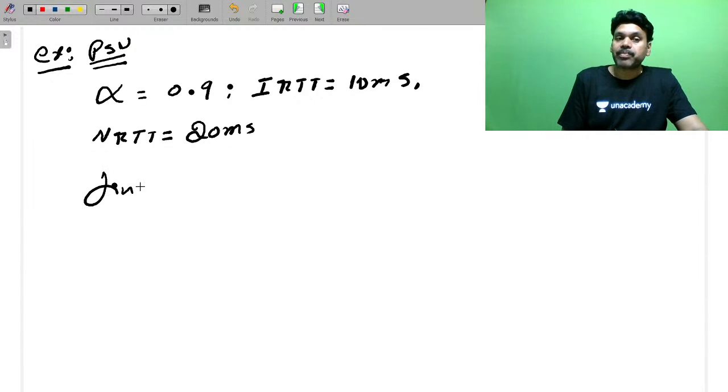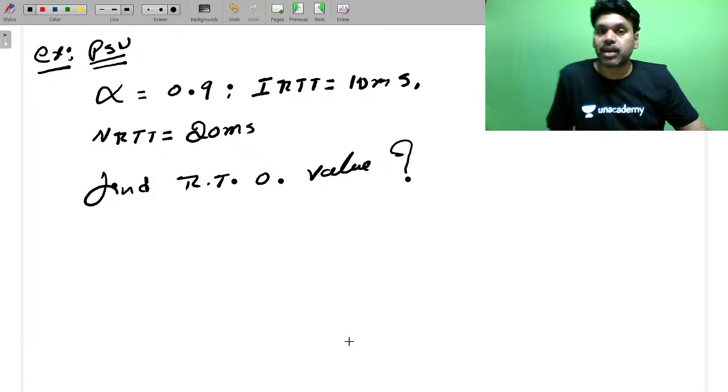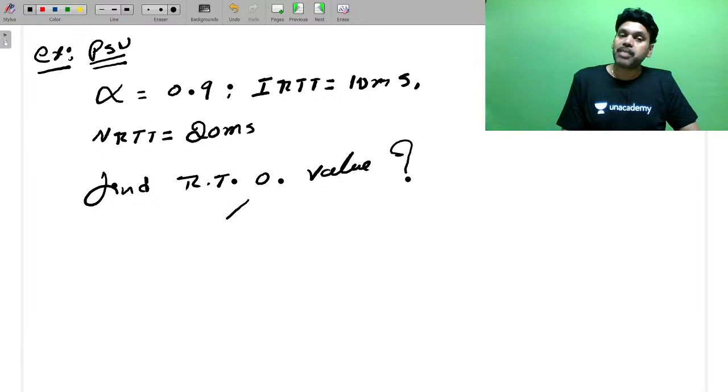He is asking to find the RTO value. When he asks a question like this, your RTO value can be computed using the basic algorithm or using the Jacobson algorithm.